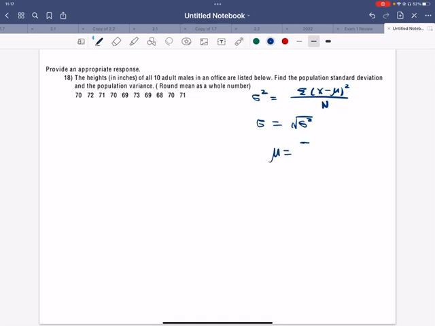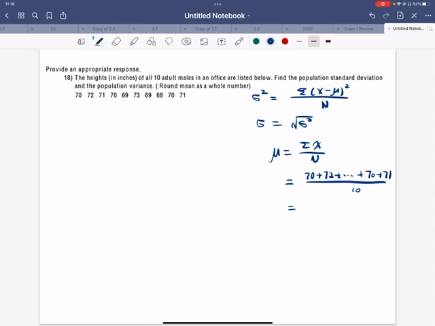We need the mean to put into the formula to do the calculation. So mu is the sum of x over n. We're going to add up all the numbers and divide by 10. Let me calculate that again: 70 plus 72 plus 71 plus 70 plus 69 plus 73 plus 69 plus 68 plus 70 plus 71.